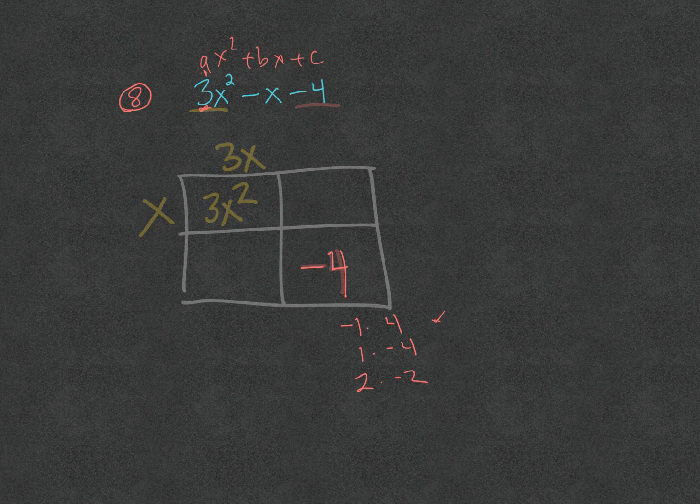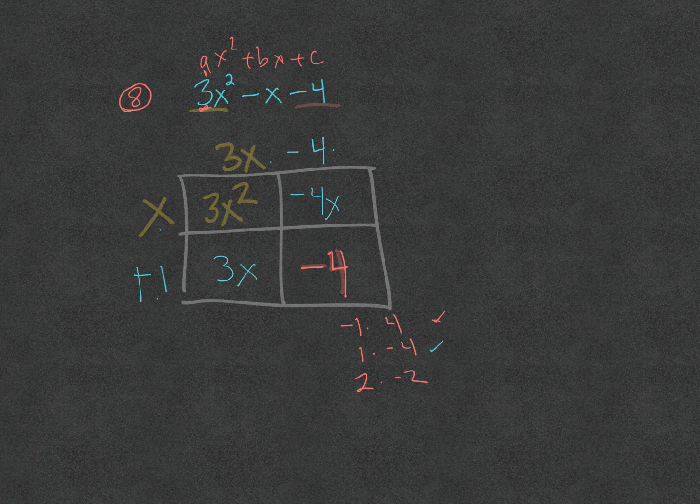So let's say that the next thing I'm going to try is a negative 4 and a positive 1. And so when I multiply this times this, that's a negative 4x, and I multiply this times this, that's a 3x.